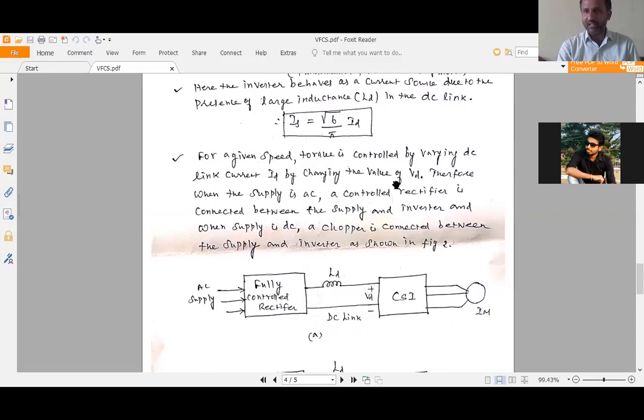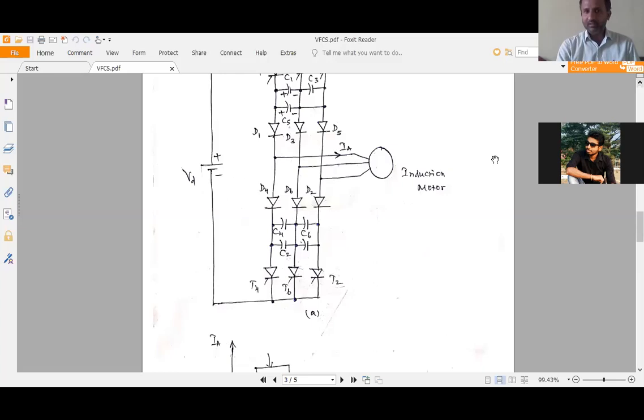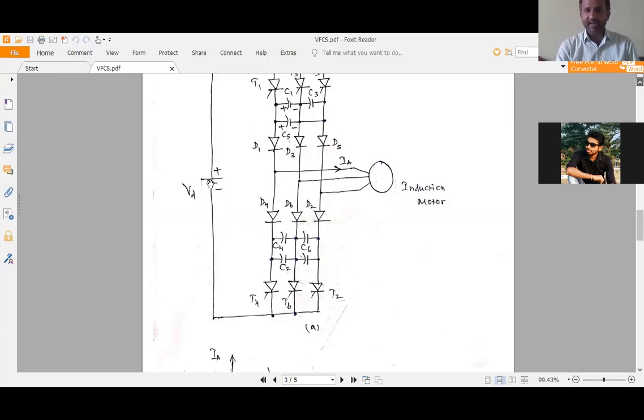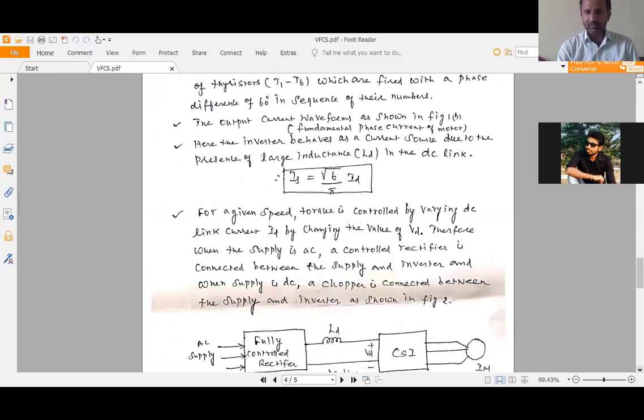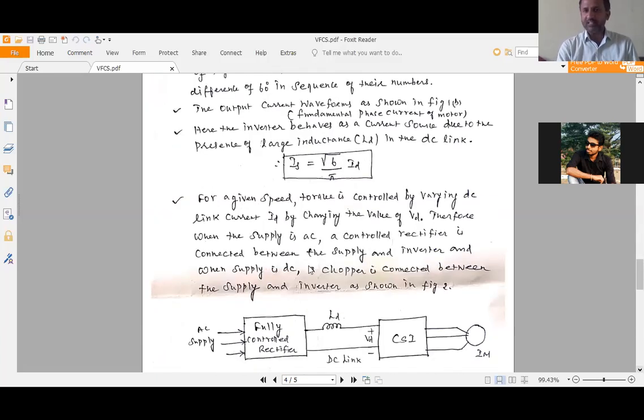By looking at the circuit diagram, ID is the current flowing through this LD, and it can be controlled by varying this VD.